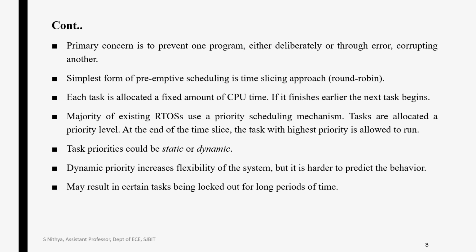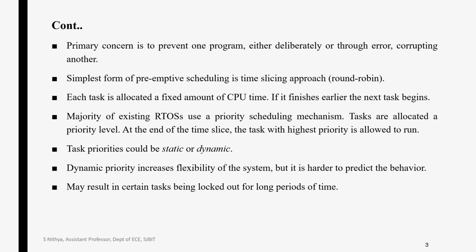Round robin scheduling, depending on the arrival, will select one of the processes. It always takes the head of the queue, and that particular task will be selected for CPU execution. Time slicing is the predefined time allocated for the CPU execution.